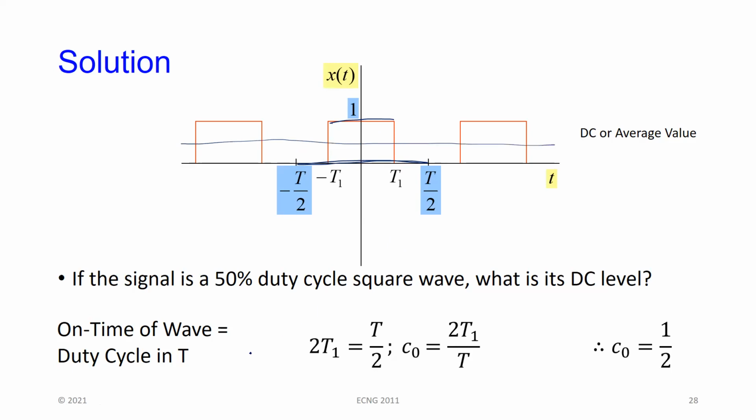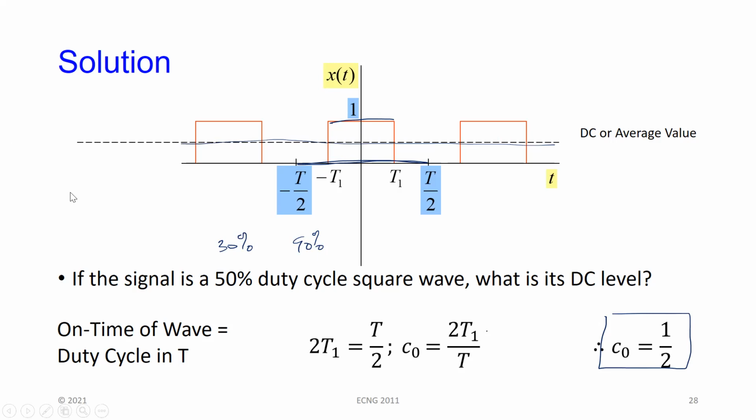But it's very easy to figure out. We just saw that C0 is 2t1 over T. And if 2t1 is half of T, just substitute inside of here and you're going to get that C0 is a half. So I could vary this. You would see in some of the past paper questions, I've asked you for things like a 30% duty cycle or a 90% duty cycle to tell me what is the DC value of that. Okay? Calculate C0, and then you do the substitution.